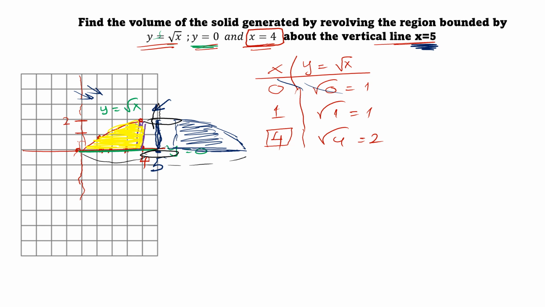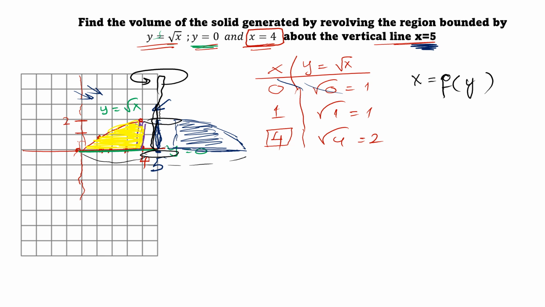Now look at this one. This line is the axis of revolution, right? If it is the axis of revolution, the graph will revolve around a vertical line, like the y-axis. So if it is like the y-axis, I know the equations should be written in the form of x equals f of y.